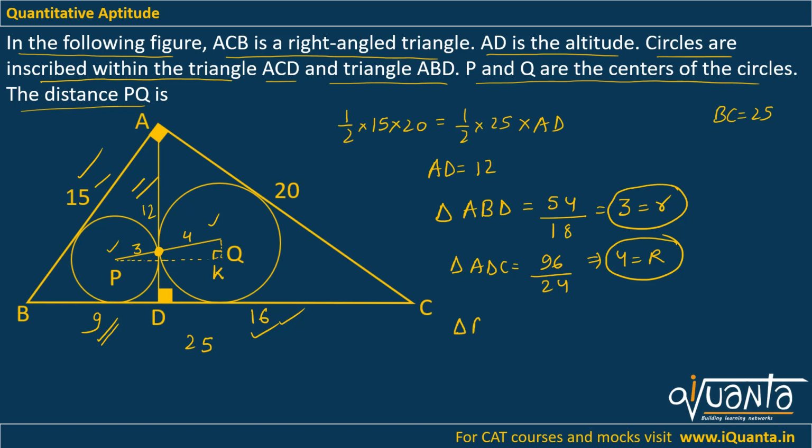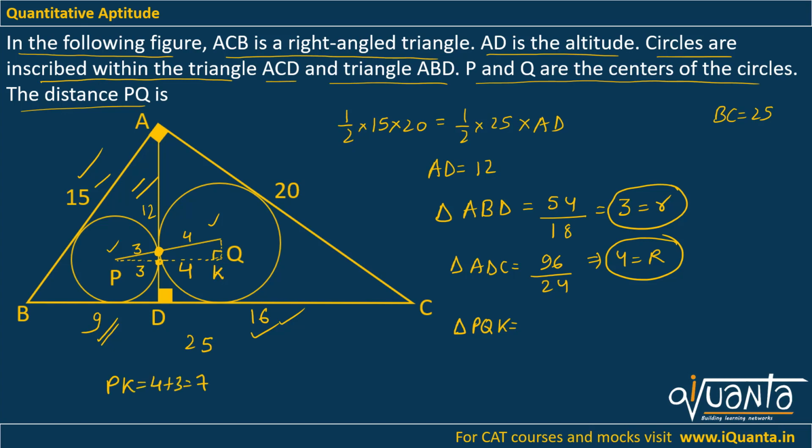In triangle PQK, PK can be written as R plus R. This is 3, this is the radius, and this length from K to this point will be 4. So I can say that PK will be equal to 4 plus 3, which gives us 7.